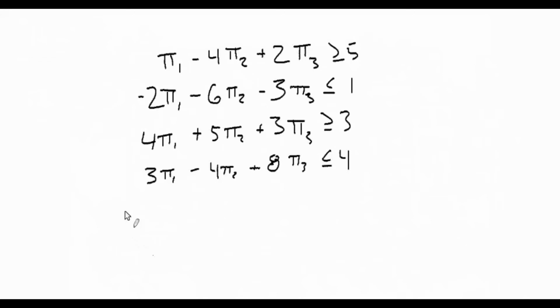Then we have negative 2 pi 1 plus pi 2 minus 15 pi 3 is greater than or equal to negative 1. And those are all the constraints for the dual of this problem.